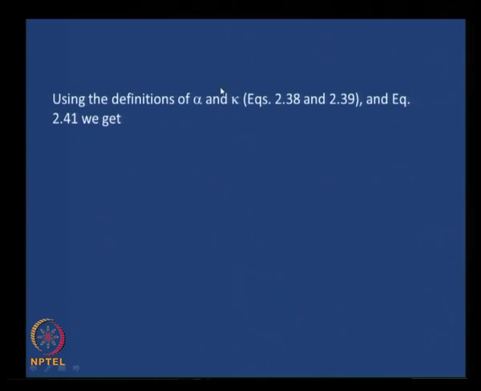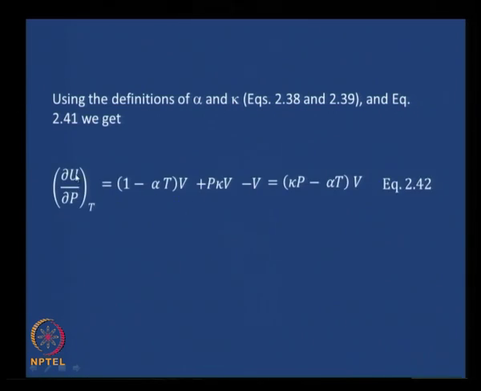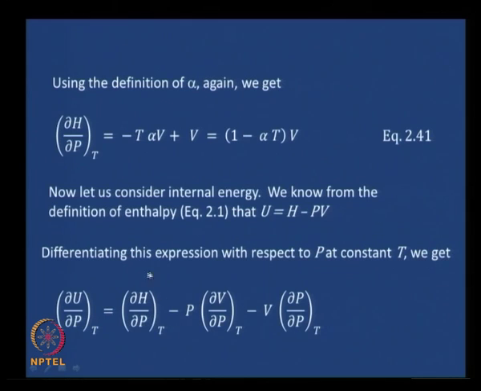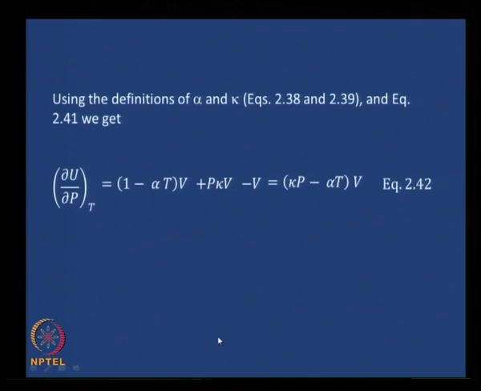Now if you use the definitions of alpha and kappa, we can write ∂U/∂P at constant T, and we have already seen what the first one was, (1 minus alpha T) times V. This ∂H/∂P at constant T is (1 minus alpha T) times V, and this P ∂V/∂P at constant T is related to the definition of kappa, and this ∂P/∂P is of course 1, so we do not have to worry too much about that.